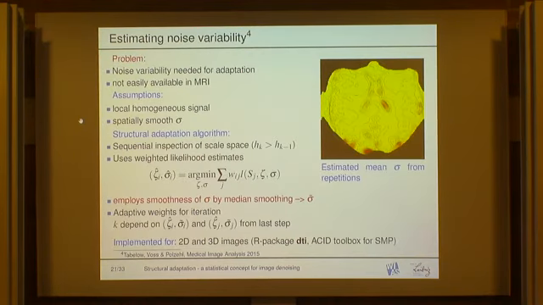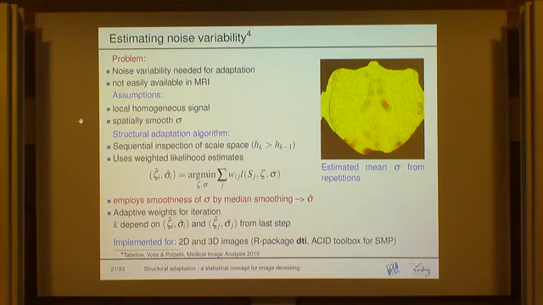Okay. One problem that immediately comes up if you want to deal with bias or if you want to smooth this type of data is assessing variability. So you need noise variability for adaptation, you need it for description of bias, and this information is not easily available.